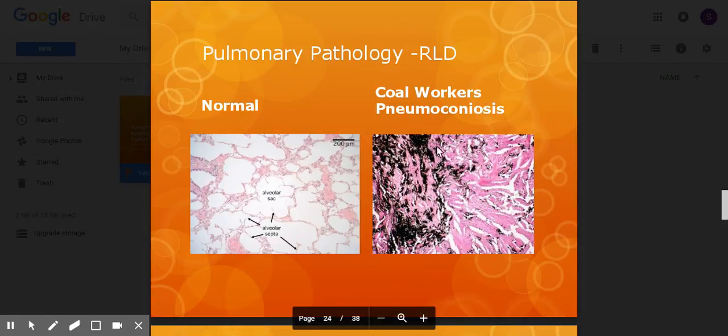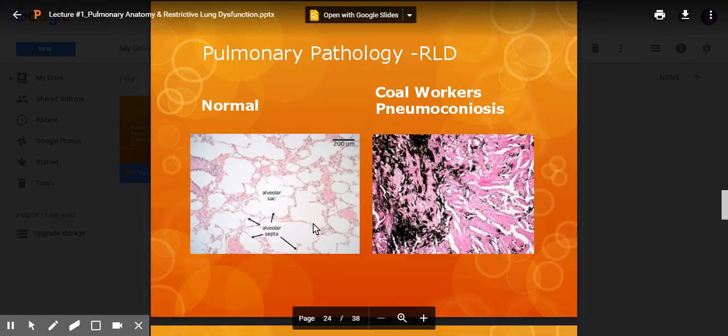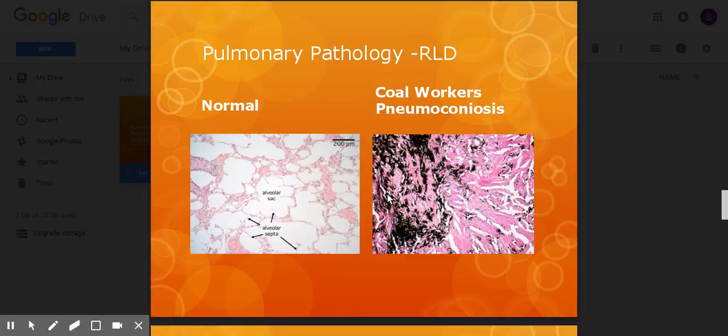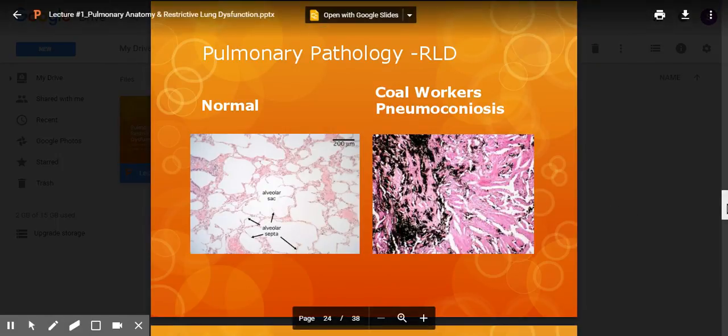You now have a cross-section slide of coal workers' pneumoconiosis, and obviously you can see the coal particulate gets into the tissue area that the body then reacts to and becomes inflamed, and then you see a change, a morphing of the healthy tissue, normally like a sponge, now becoming more solidified because the body has encapsulated and essentially created scarring around these particles that are trapped in the lungs.